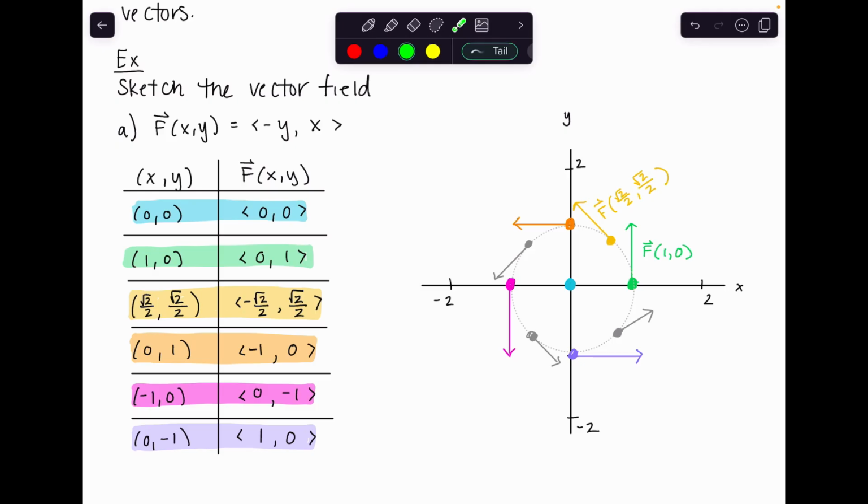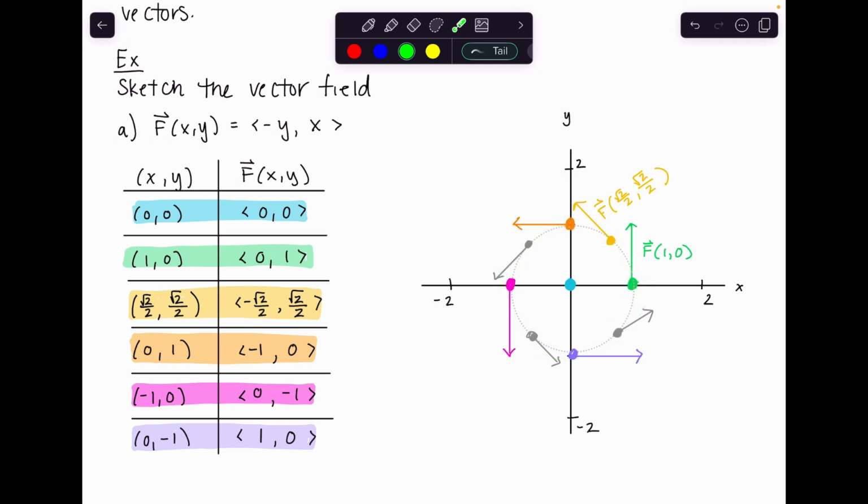Essentially, if I were to drop a feather right here, these vectors tell me how the feather would act. And so in this case, all of these are just going to keep pushing me along this circle. And so I would just keep circling back and forth over and over. I would just keep coming back to the same place.